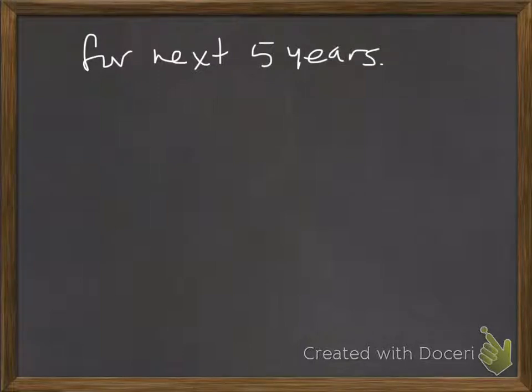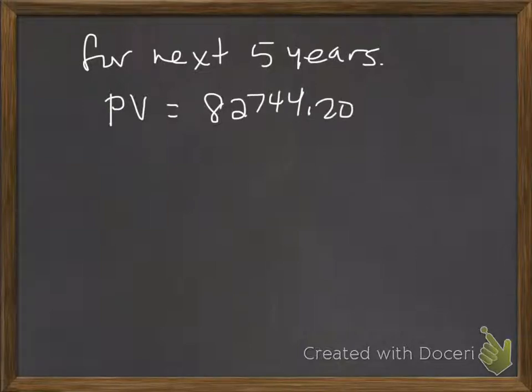So for the next 5 years, the present value is equal to the outstanding balance at the end of the first 5 years. And that present value is $82,744.20.